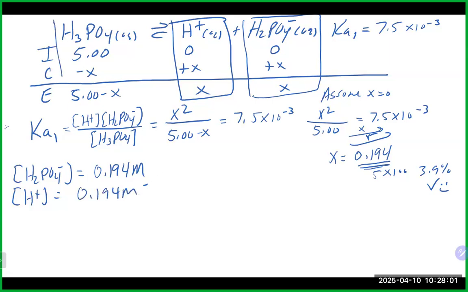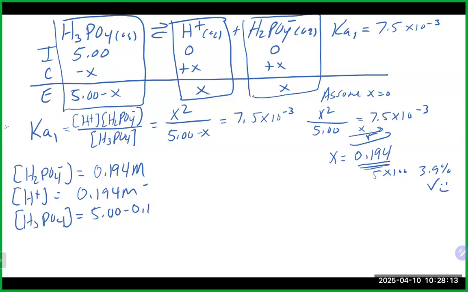We could also see that our phosphoric acid's concentration is equal to 5 minus X, which means H3PO4 would equal our 5 minus our X there. And that's going to get us, and we'll call it 4.81 molar.